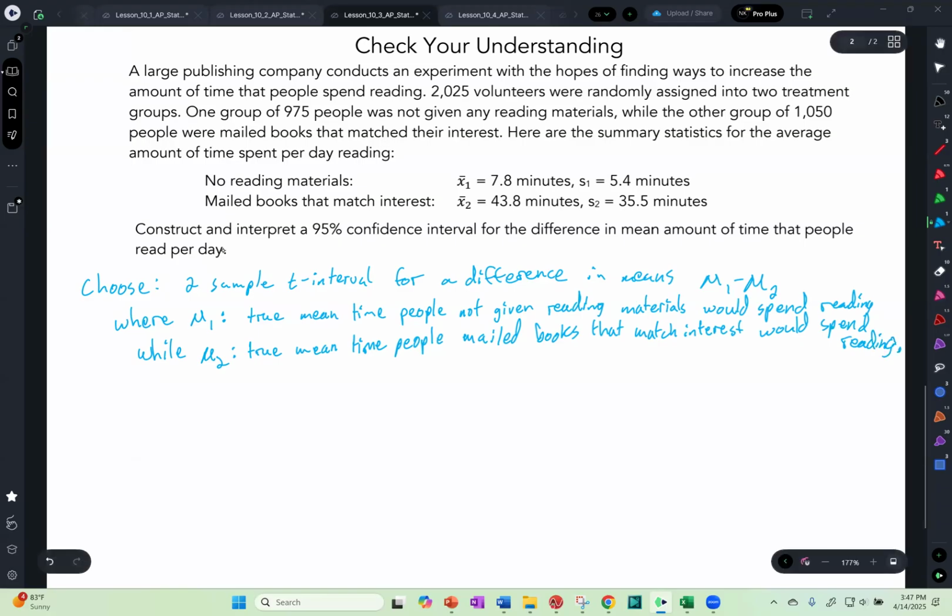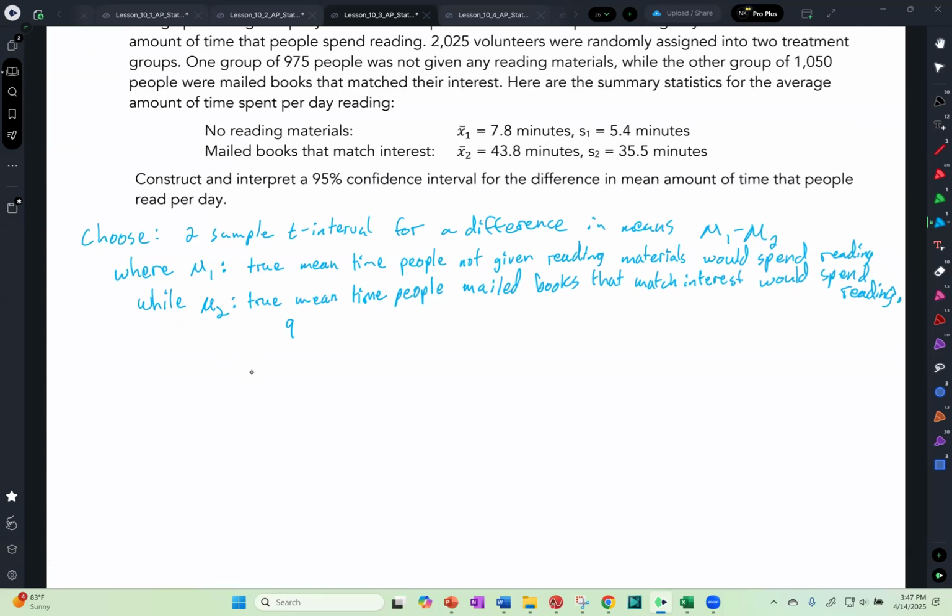So as long as I define mu1 and mu2 and I have shown mu1 minus mu2, I'm good to go there. Confidence level, 95%.